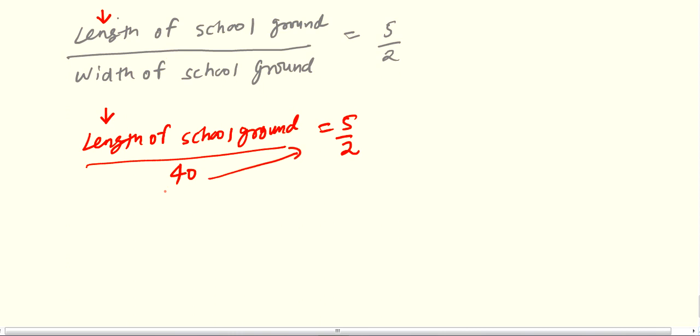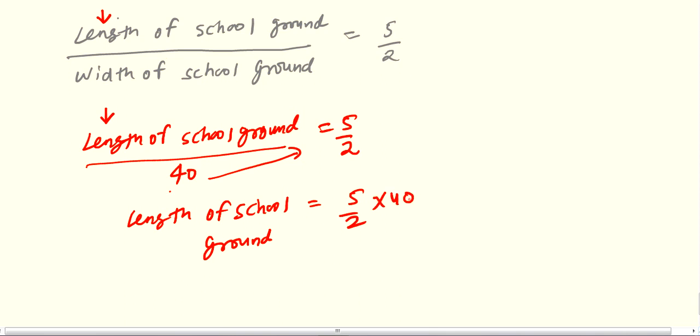Here we are having 40 in the denominator and we are dividing by 40, so on transposing that side we have to multiply by 40. Length of school ground equals 5 by 2 into 40. 2 1s are 2, 2 2s are 4, 2 0s are 0. 5 into 20, how much? 100. So 100 meters is the length of that school ground.